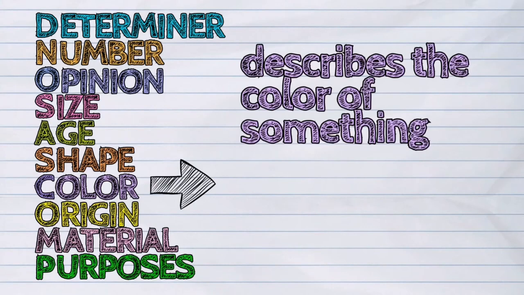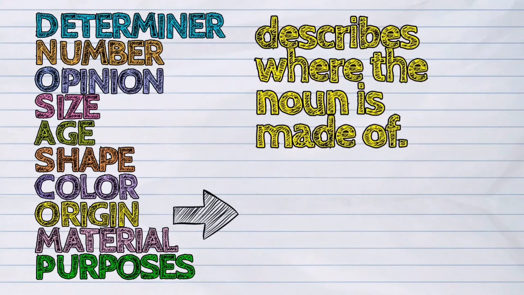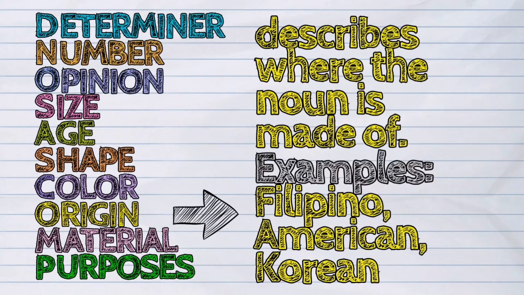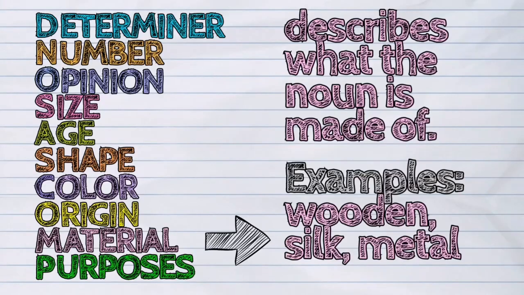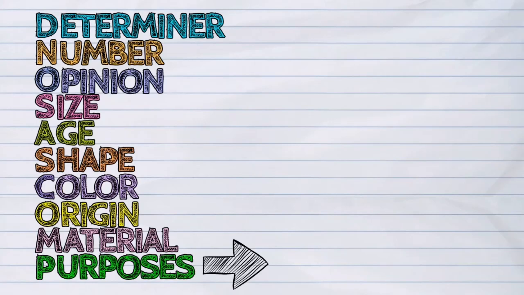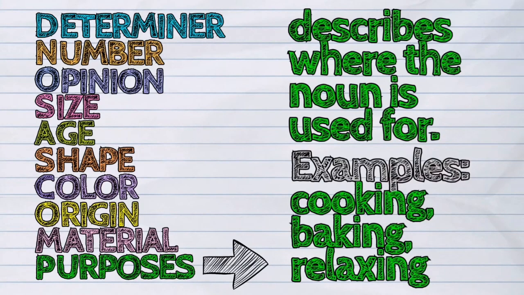Color describes the color of something, like pinkish, black, white. Origin describes where the noun is from, like Filipino, American, Korean. Material describes what the noun is made of, like wooden, silk, metal. Purpose describes what the noun is used for, like cooking, baking, relaxing.